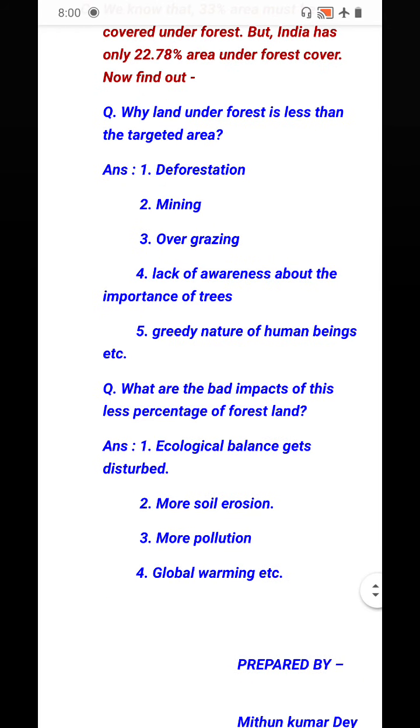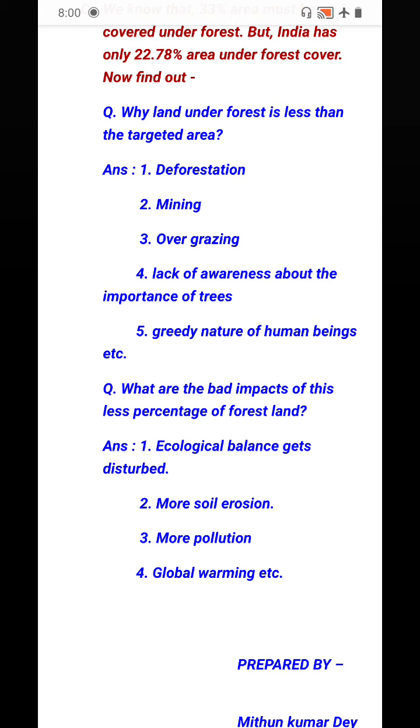Next, what are the bad impacts of this lower percentage of forest land? If your target area is 33% and you have 22.78%, you have to face some problems because you cannot achieve the target. What problems?